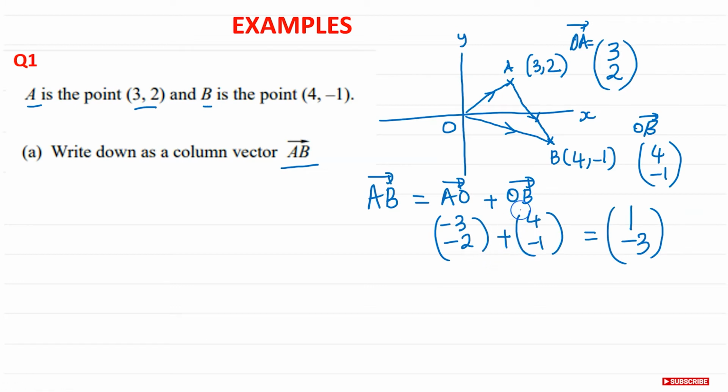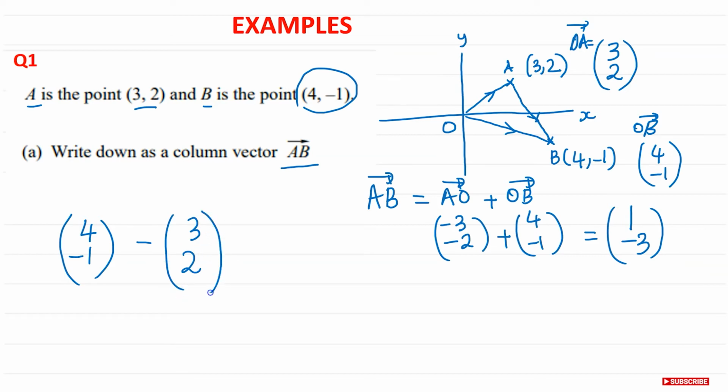What you need to do is just take the position vector OB as (4, -1), and then we're going to take away this point A, which is now written as a column vector.